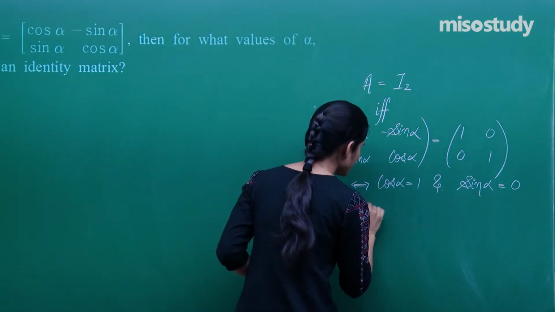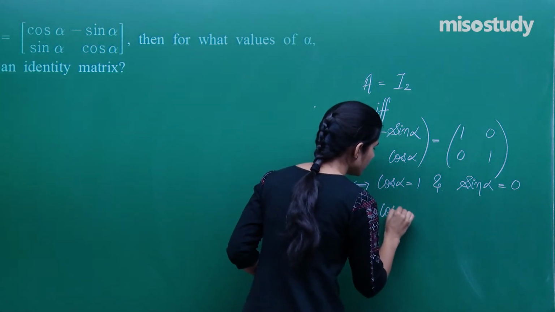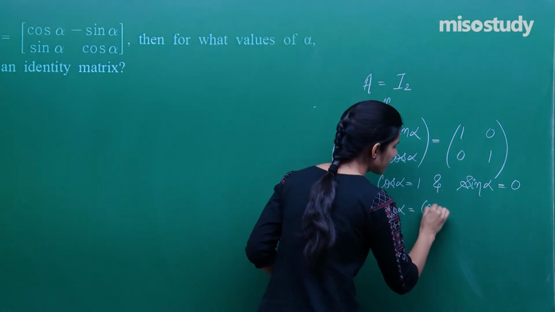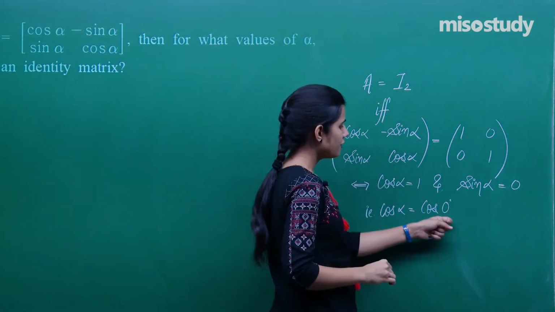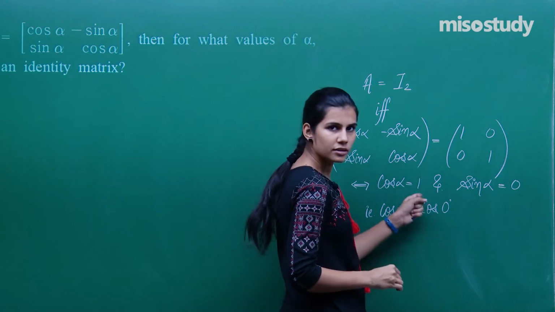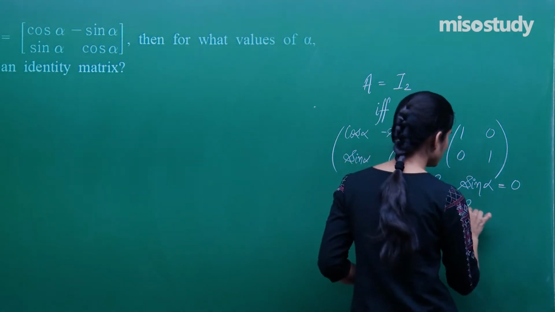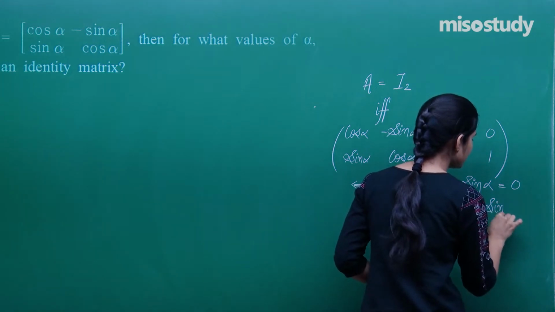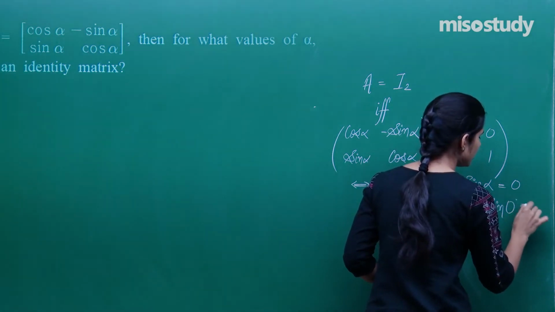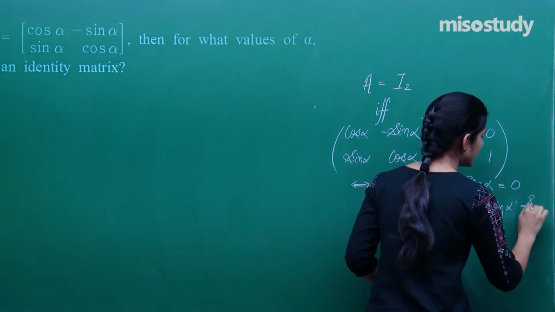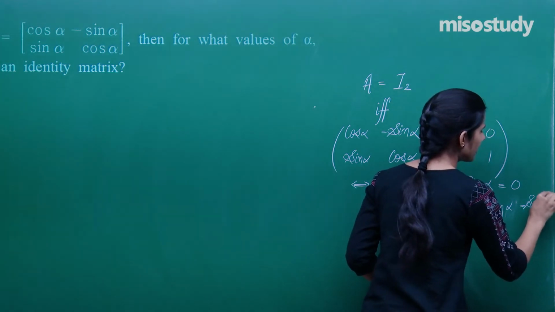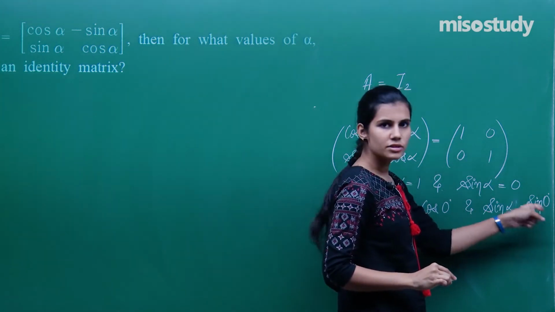Now, cos alpha is 1, I know when alpha is 0, then cos 0 is 1. Cos 0 is 1, so in place of 1 I can write cos 0. And I also know that sin 0 is 0. So, when alpha is 0, sin 0 is 0.